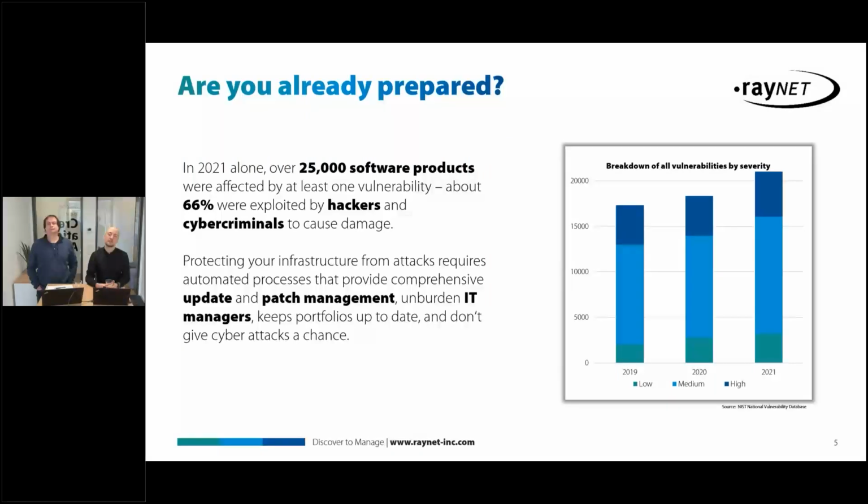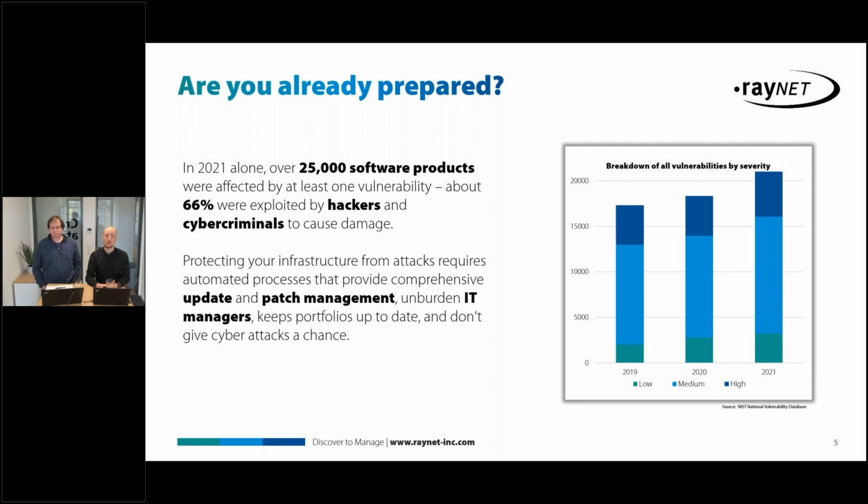This is a statistic based on the NIST database, the US public database for vulnerabilities. And as you can see, it's growing and growing. Every year there are more low, medium, and high vulnerabilities in software.